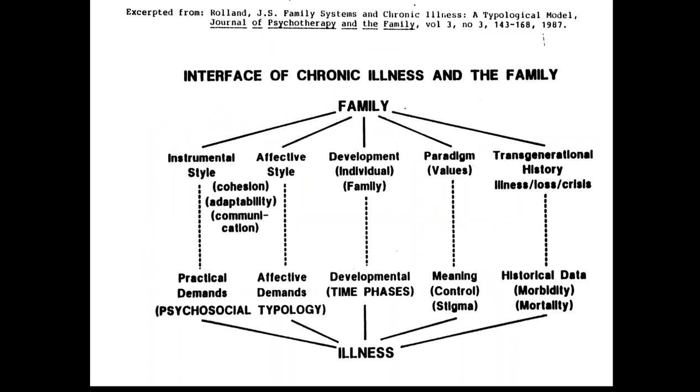If you look at the far left here, all families have a practical and emotional style, and all diseases have practical and emotional demands. So the question is the fit between those, rather than bad diseases and good diseases, or healthy families and dysfunctional families. You're looking at that fit and how it may change over time depending on the phase of the illness as well as changes in individual and family development.